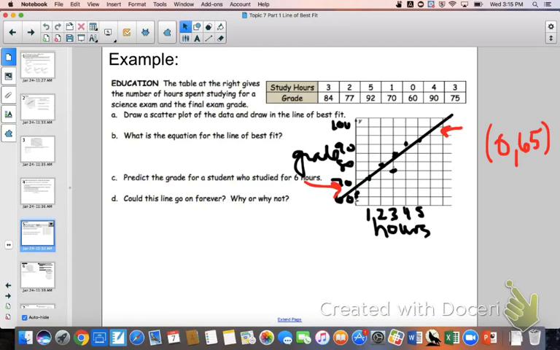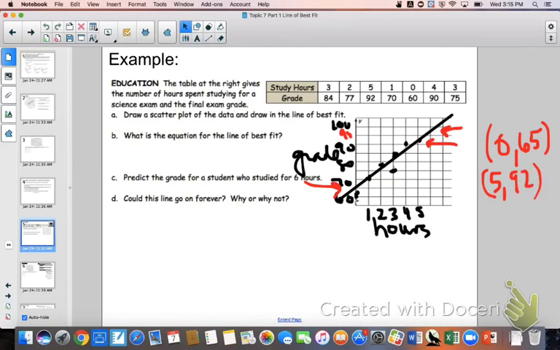That would be 95. Oh, that's hard to tell. If this is 95, that might be 97, right? Maybe this one would be easier. That's about 92, I would think. So I'm going to go with 5, 92.